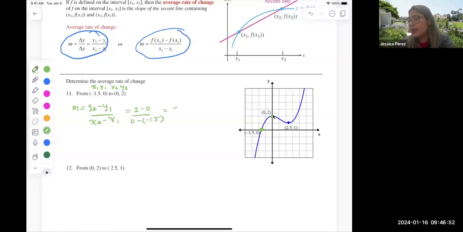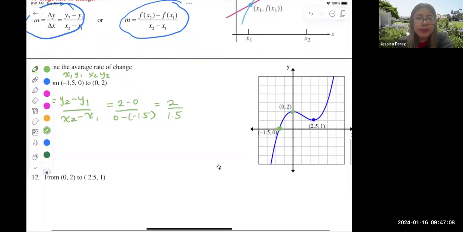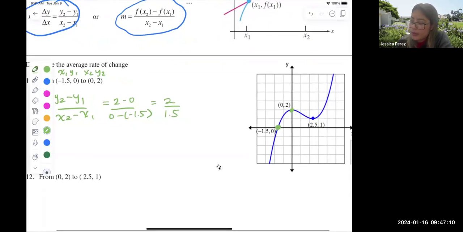So 2 minus 0 is 2, and this is a positive 1.5. When we clean it up, we know that 1.5 is actually 3/2, so it's 2 over 3/2.